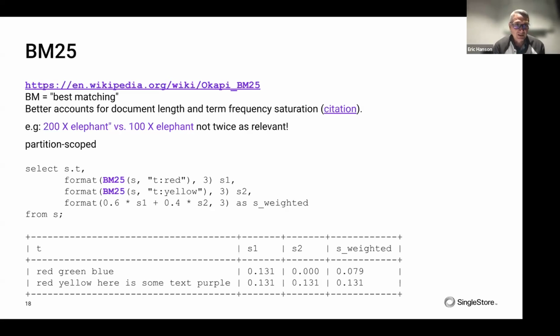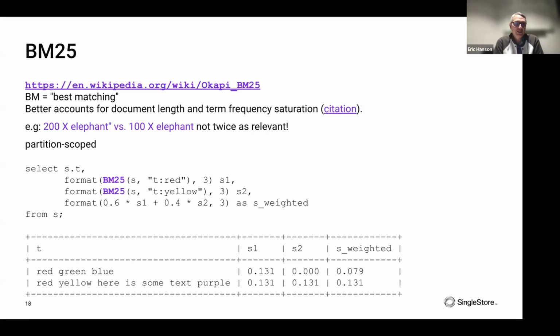And so here's an example of what I mean by term frequency saturation. Suppose you're searching for documents about elephants, and one document has the word elephant mentioned 200 times, and the other has it mentioned 100 times, but they're both like 10 or 20 page documents.